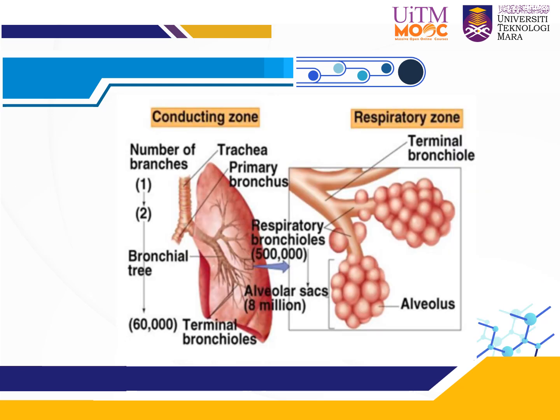Here is the picture that shows the conducting zone and respiratory zone. On the left side is the conducting zone: the trachea, the bronchi, and the bronchioles, except for the respiratory bronchioles. The respiratory zone includes the alveoli. Alveolus is the singular noun for alveoli.